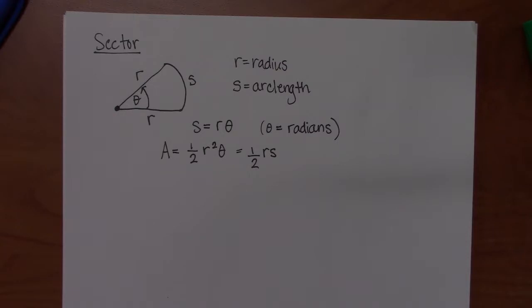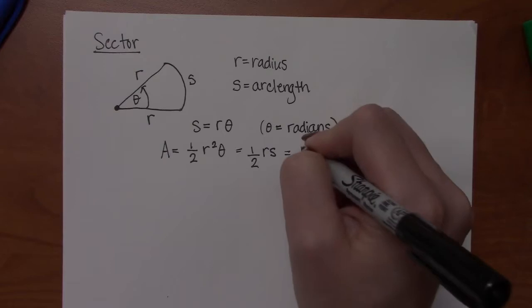But what if I don't know r, but I know theta and s? So I want to get rid of r. I can simply solve for r and get s over theta, moving the theta under.